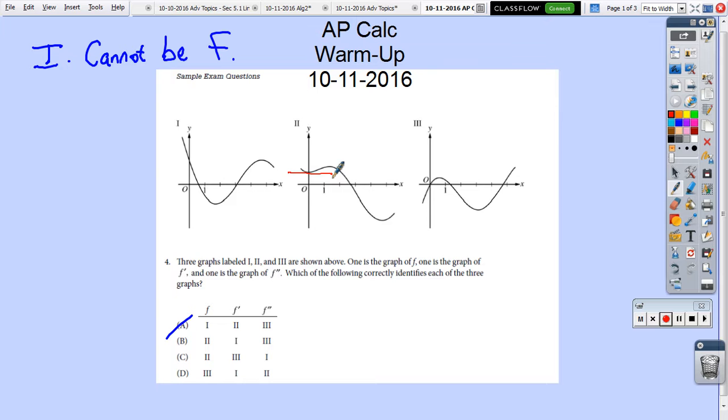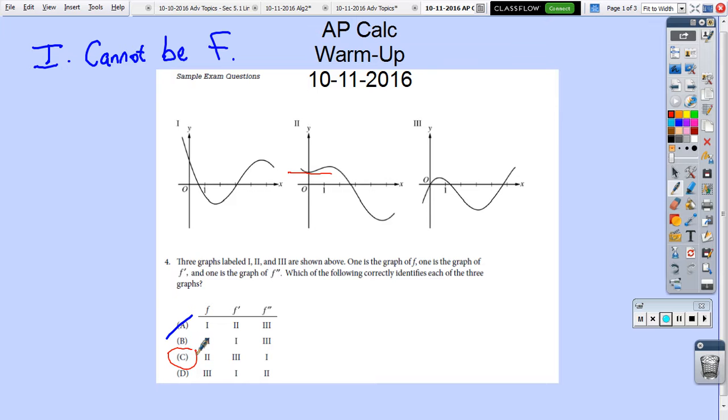So even if 1 were f prime, that couldn't be possible because it would need its derivative, which we've shown isn't there. So we're automatically done. Very good. That makes sense. Anyone not understand what she said? What Kate said brilliantly was this: if we look at Roman numeral 1, neither 2 nor 3 could be derivatives of it.